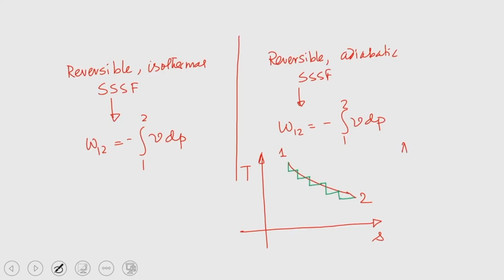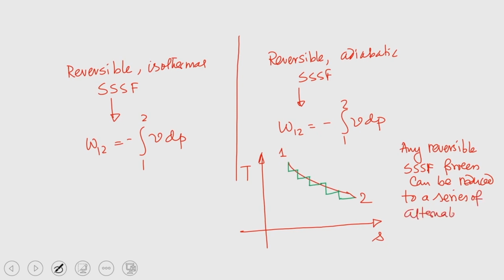Any reversible steady state steady flow process can be reduced to a series of alternate adiabatic, vertical line, and isothermal, horizontal line, processes.